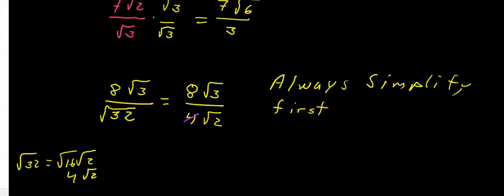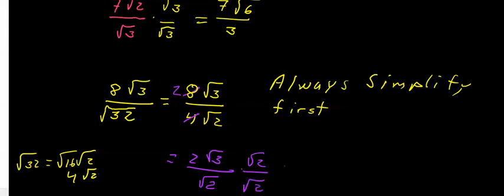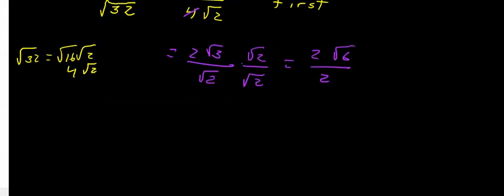The 4 and the 8 cancel, and we end up with 2 square root of 3 over the square root of 2. And now we multiply by square root of 2 over the square root of 2. Gives me 2 square root of 6 over 2. And these 2's cancel. And my final answer is the square root of 6.